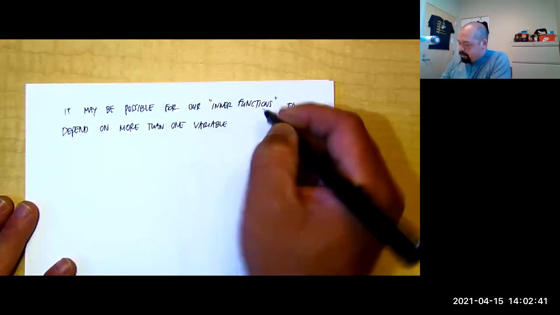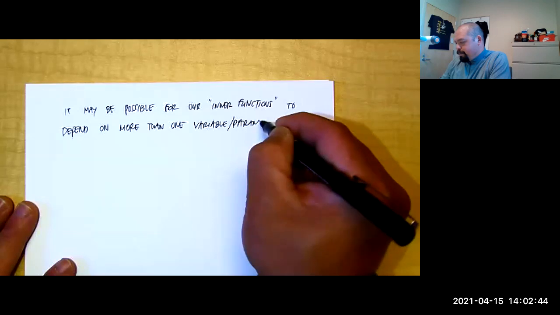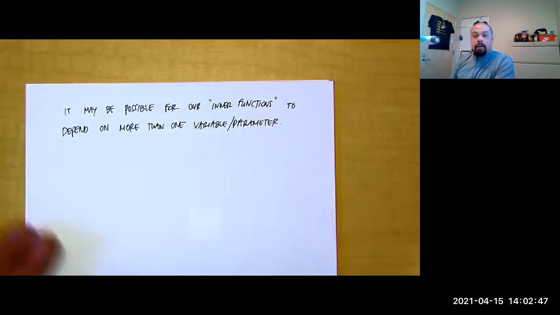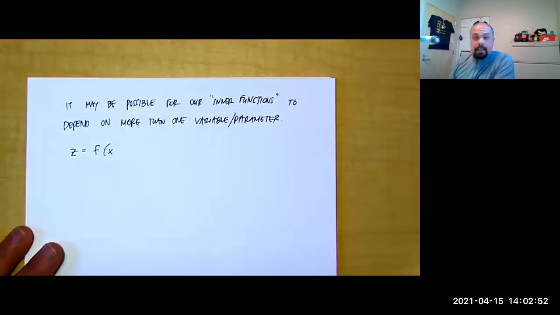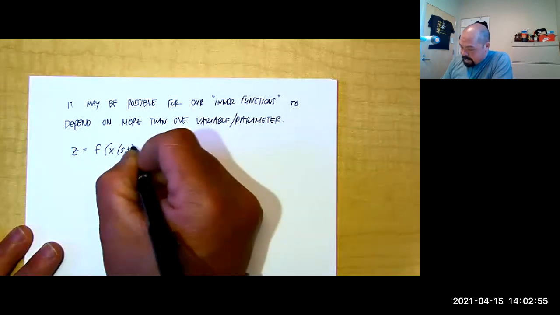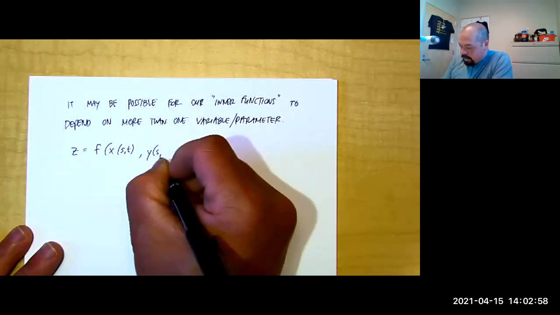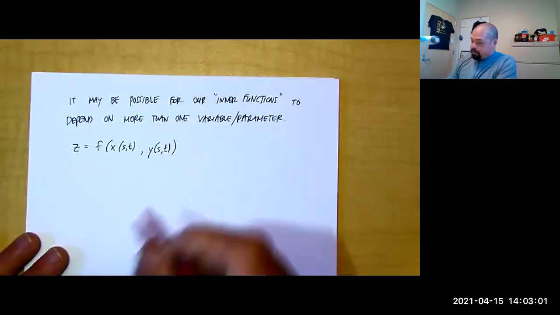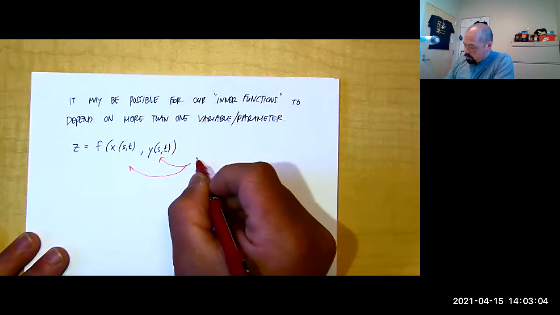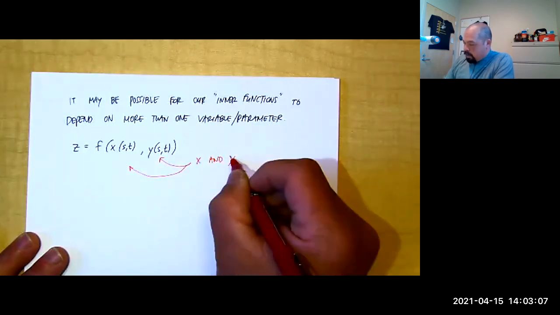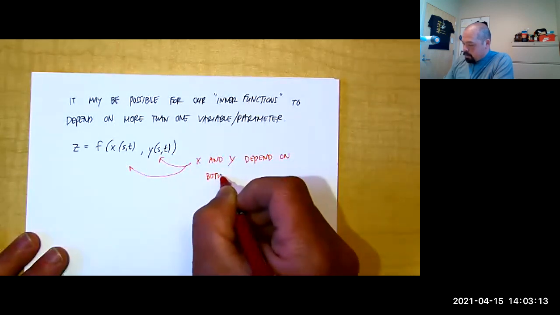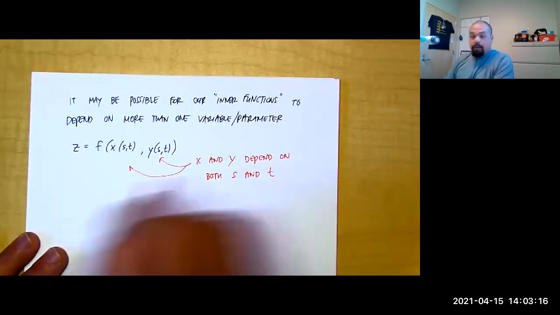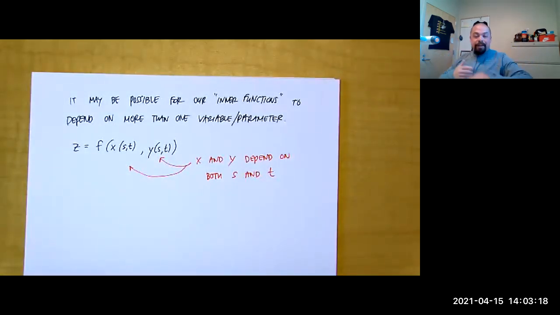We start to use that word parameter a little bit more, right? So you might get this function z is a function of x and y, where x is now a function of both s and t. Y is a function of s and t, right? X and y depend on both s and t. So, right, we're just expanding out, adding more layers, if you will, for that derivative.